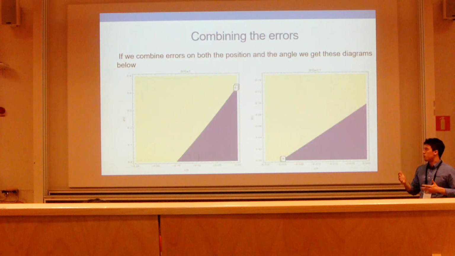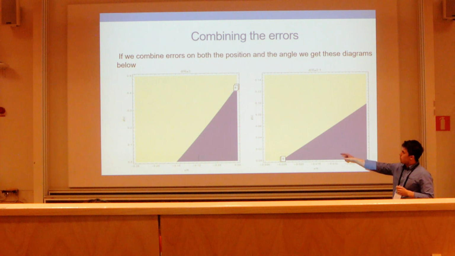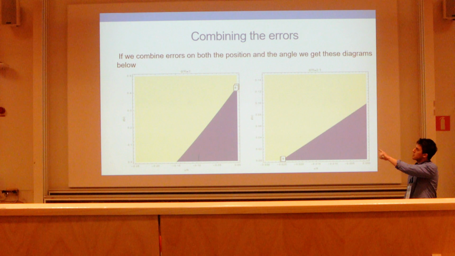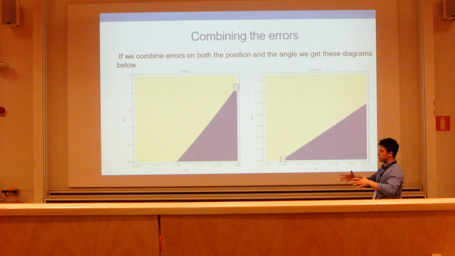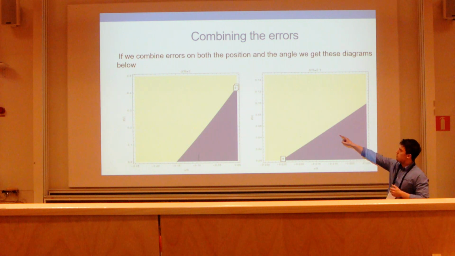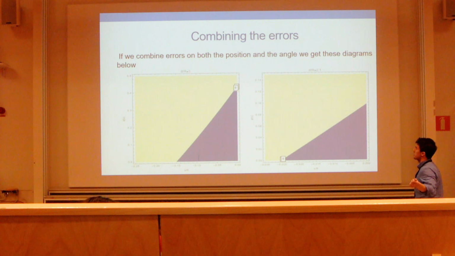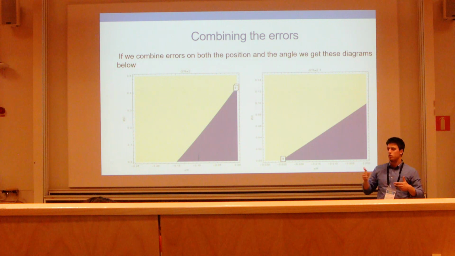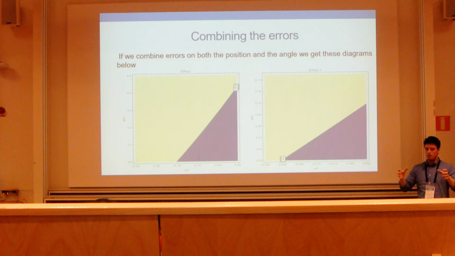And then we combine the errors. The blue zone, in both diagrams, indicates the safe zone. The left one is with a given hexagonal lattice radius of 3 times the R of the magnet, which is 1.5 centimeters, and the right one is the critical radius of the hexagonal lattice, so that the magnets do not touch each other.